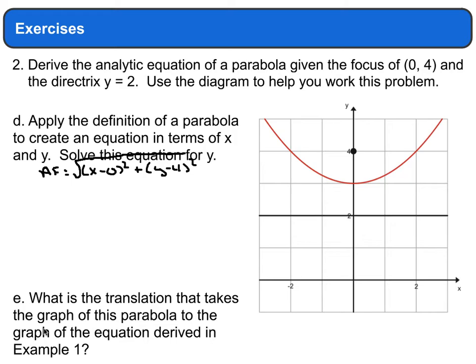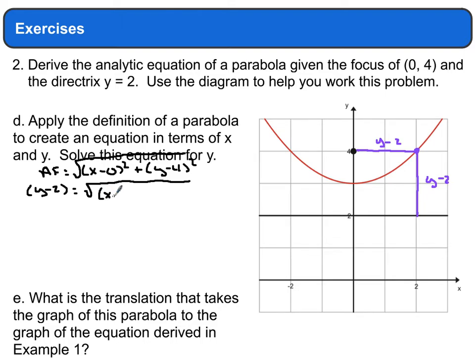And to make sure we're all on the same page, remember when we did this on the previous slide and we found this, we said this distance was y minus 2, so therefore this one has to be y minus 2. So we're going to replace AF with y minus 2. And so now we carry all of this over.